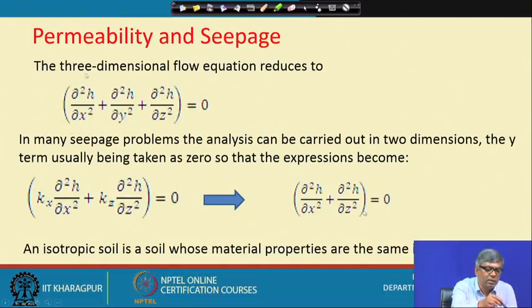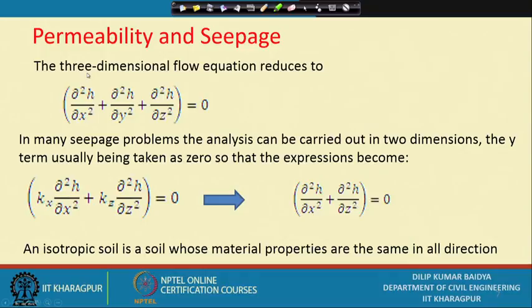Based on that, the final expression is ∂²h/∂x² plus ∂²h/∂y² plus ∂²h/∂z² equal to 0.